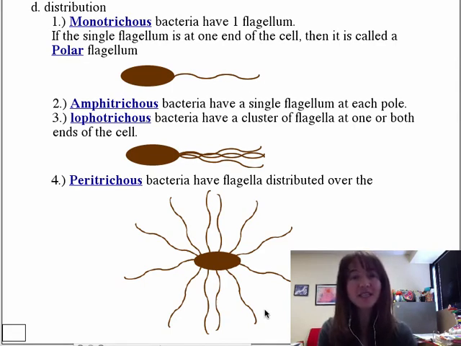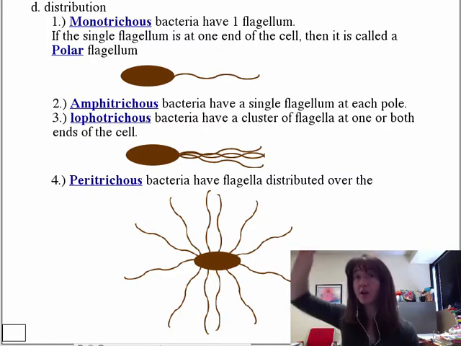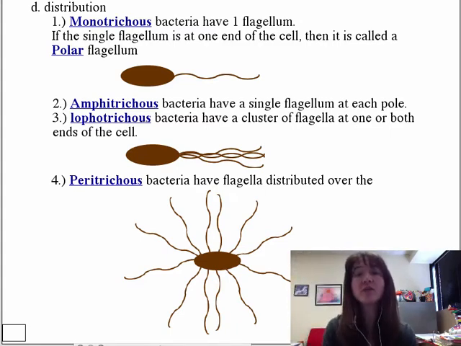So now that we can see the distribution of flagella on the cell, let's talk about how the propeller-like rotation of flagella will allow the bacteria to move in certain ways. We know that they can rotate either clockwise or counterclockwise, and with that rotation comes certain types of movement.